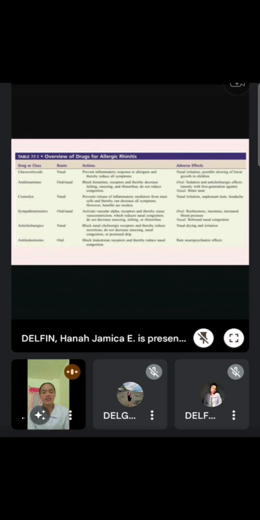Action and uses of oral antihistamines. These drugs can relieve sneezing, rhinorrhea, and nasal itching. However, they do not reduce nasal congestion because histamine is only one of several mediators of allergic rhinitis. Antihistamines are less effective than glucocorticoids.